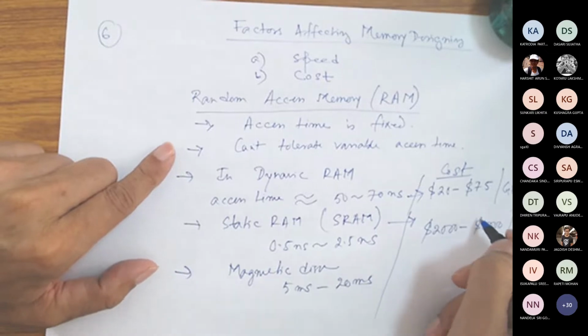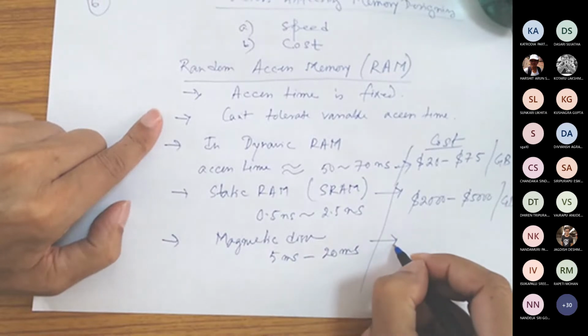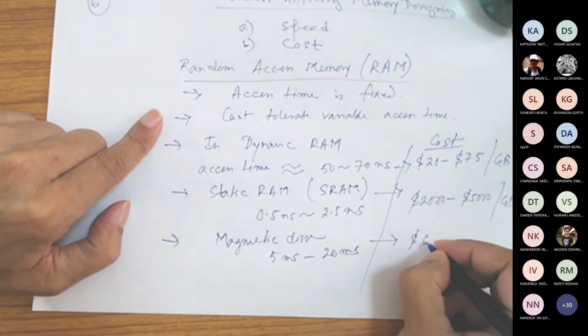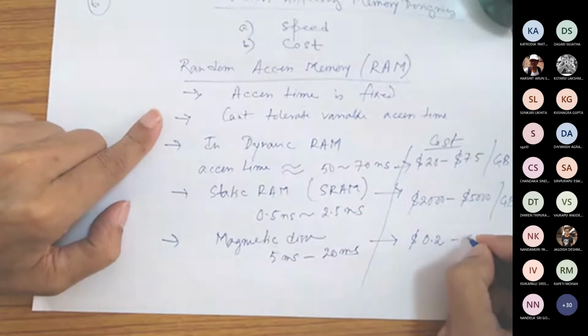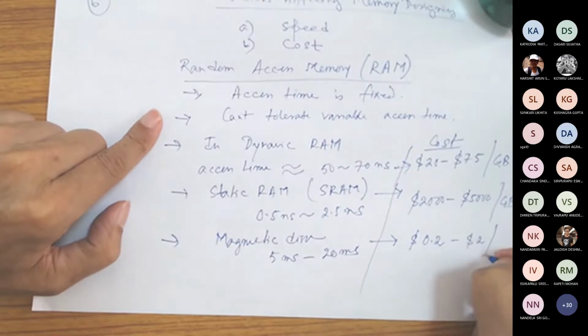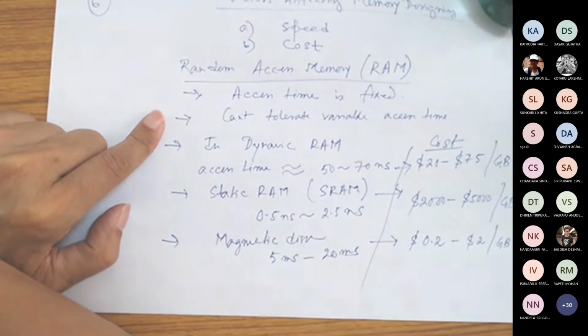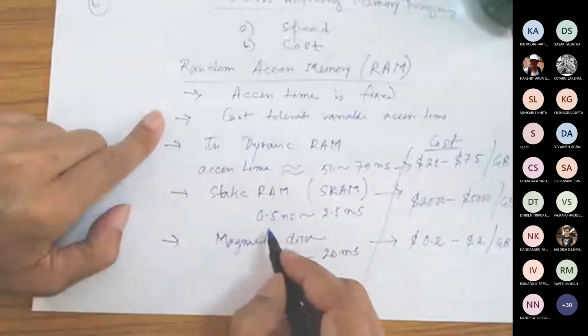It's a huge amount. If you look into the magnetic disk, the same price goes down to 20 cents to probably $2 per GB. Now, static RAMs are used inside the processor.